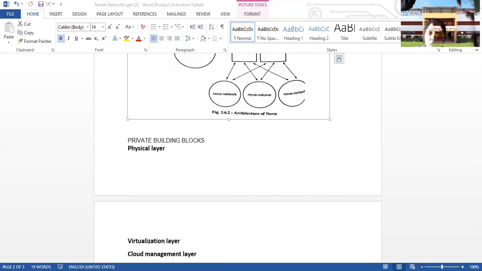The private cloud, also known as the internal cloud or corporate cloud, is a cloud computing environment in which all hardware and software resources are dedicated to and accessible only by a single customer.